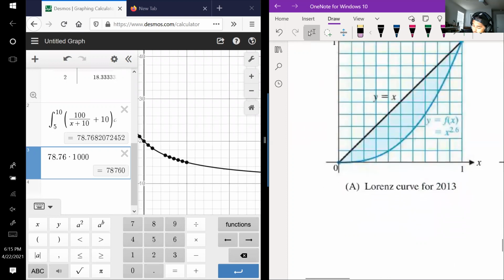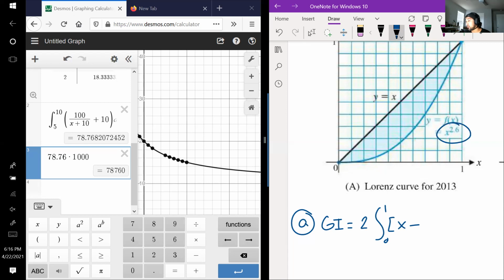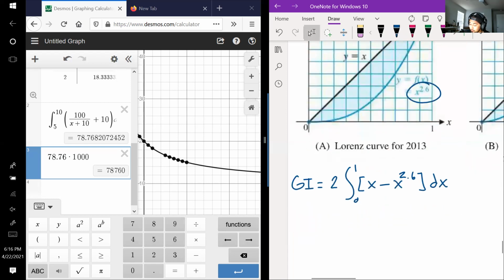So for 2013, for A, we get, let's say, the Gini index, and we get 2 times the integral from 0 to 1 of x minus our function here. And our function given is x to the 2.6. So you get x minus x to the 2.6 dx. And all we have to do now is just punch this in the calculator.